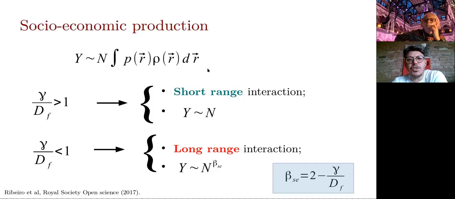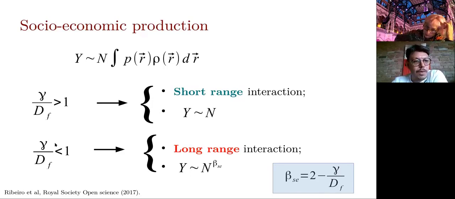For example, when you have short-range interaction, we have a linear relation between the socioeconomic output and the population size. Now we need to say what short range means. Short here represents that gamma is greater than the fractal dimension of the city.